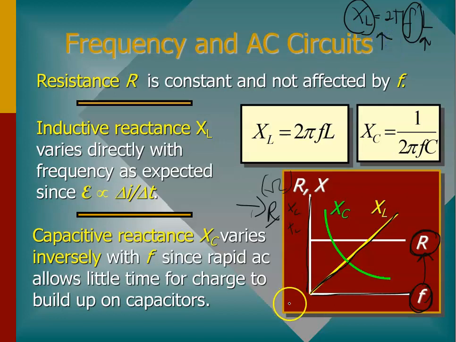Okay, and last but not least, as you can see over here, the green line is when the capacitor is added into an AC circuit. Now, based on this equation, XC is equal to 1 over 2 pi frequency C. When the value of frequency is increasing, then the value of XC will be decreasing, and vice versa. So it is represented by this green line over here.